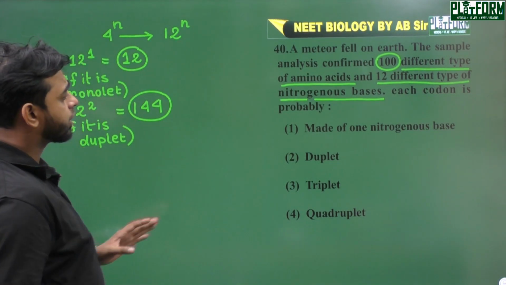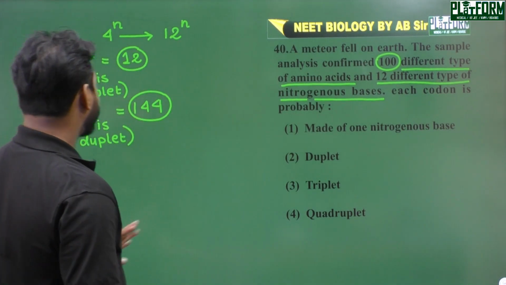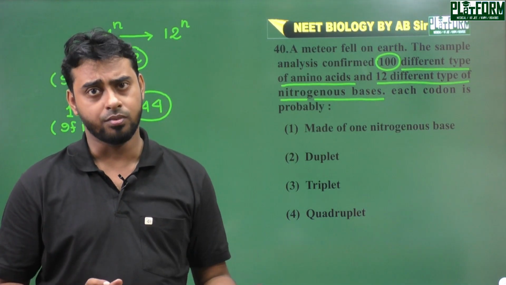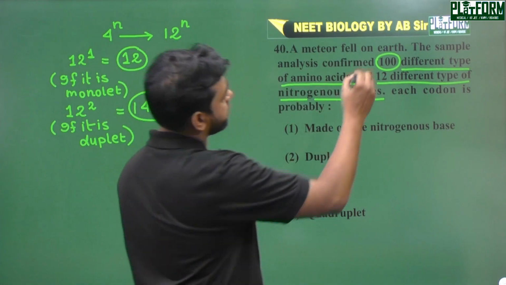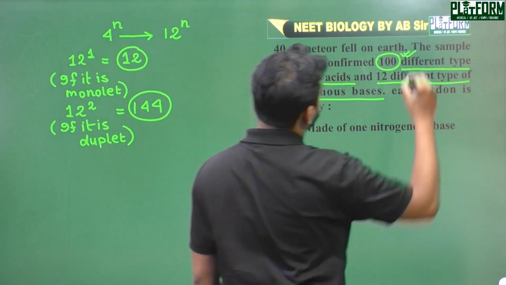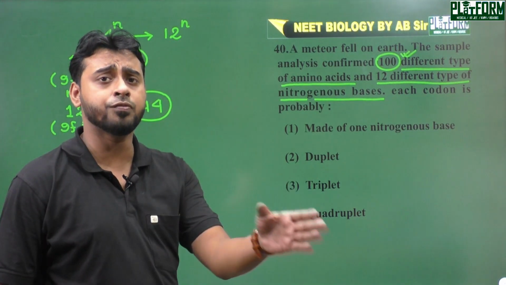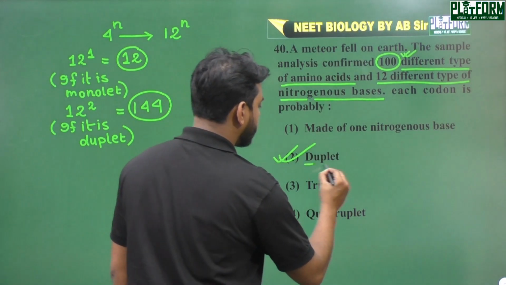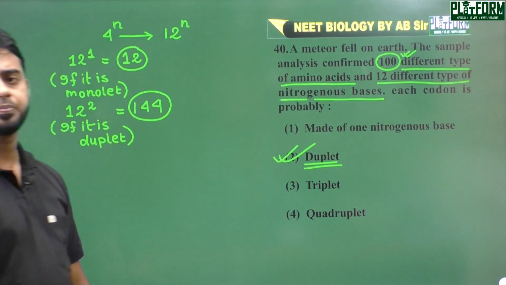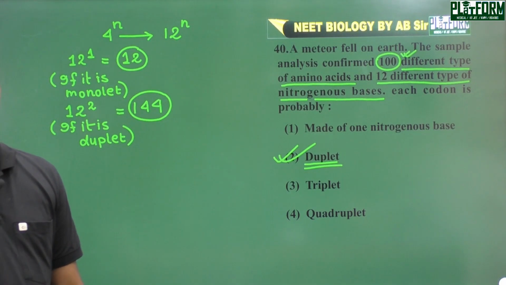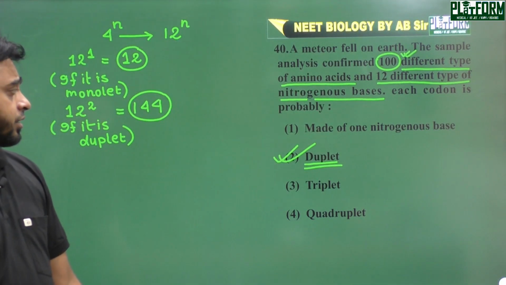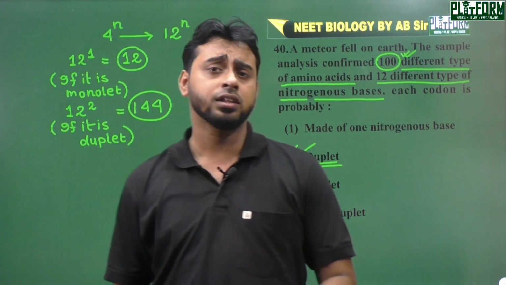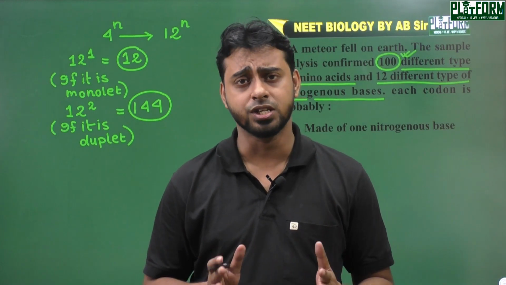So, if the genetic code is doublet or duplet, then 144 amino acids may form. So, in this given question, it is written that's 100 different types of amino acids, that's less than 144. It means definitely the genetic code is duplet in nature. Okay, very nice question, and this type of questions are frequently asked in different types of competitive examinations.